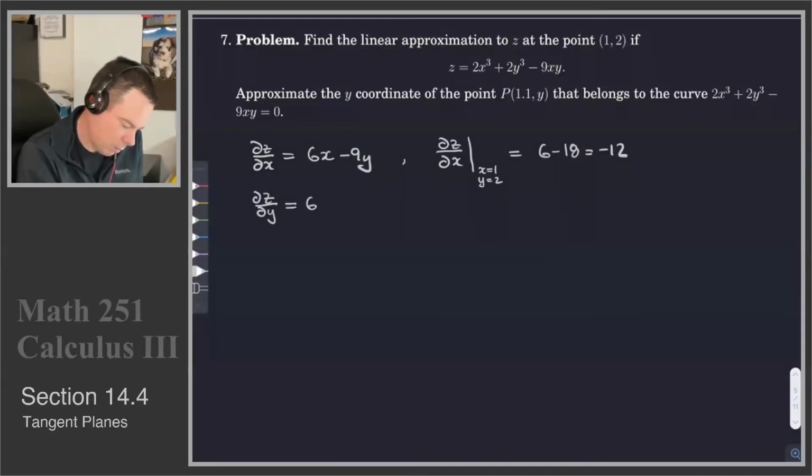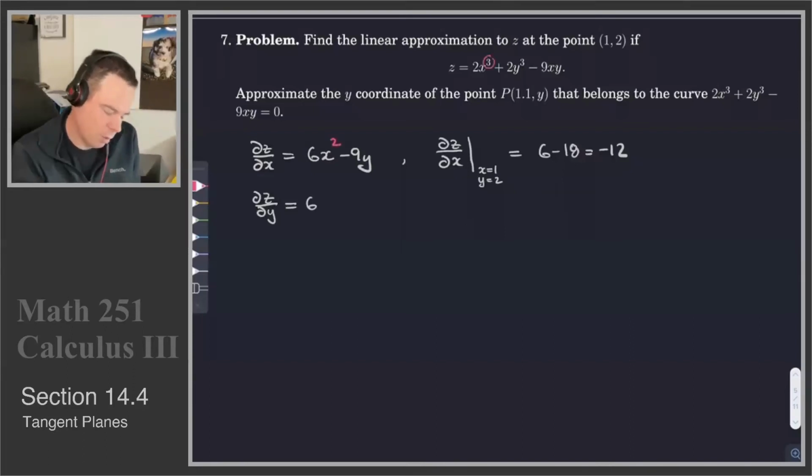Oh, my apologies, there was a square there. So there would be a 6 times 1 squared, which is still 6. So the answer is still negative 12. I just missed the square in the derivative. Similarly, over here, we get a 6 times y squared minus, and the derivative with respect to y is a 9 times x.